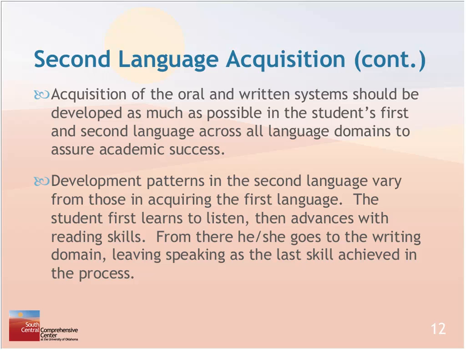Okay, that's good. So as we say, in the first language, the child first learns how to listen, then speak, then read and write, which are the 4 domains of language. When you are studying the second language, it's a little bit different. You first learn how to listen, then you advance with reading skills, then you get the writing skills, and the very last skill that you can develop is the speaking skill.